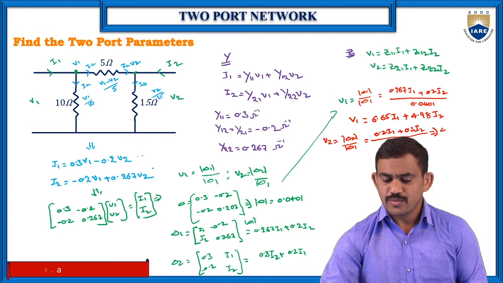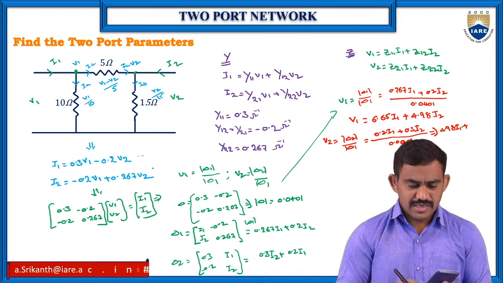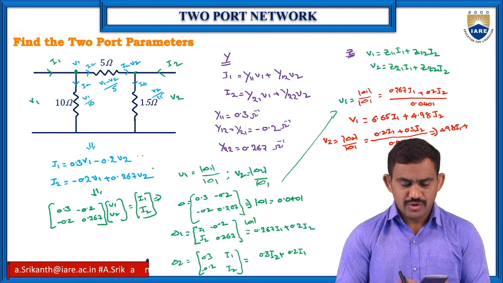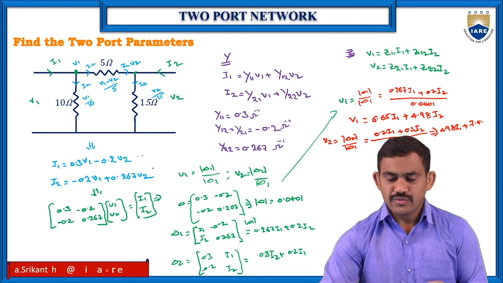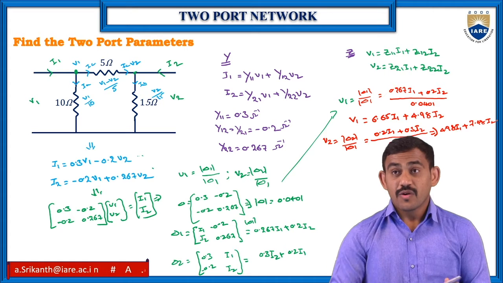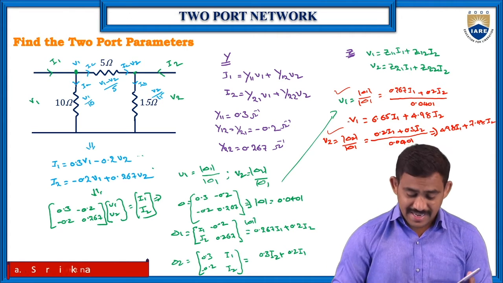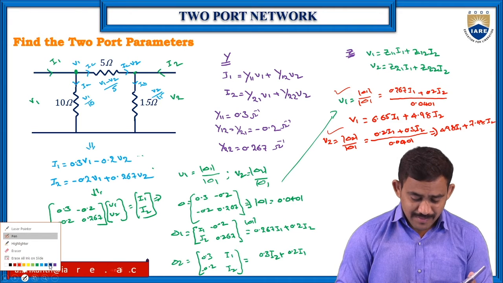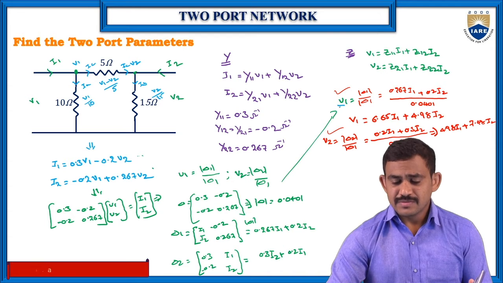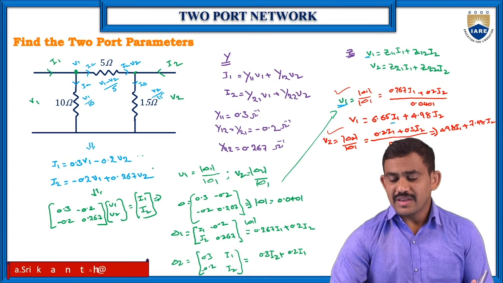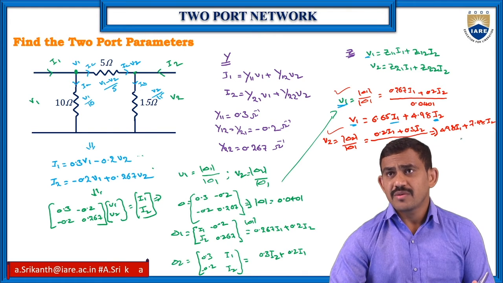That is 4.98 I1 plus 0.3 divided by 0.0401. The value is 7.48. Now your equation, V1 and V2 in form of I1 and I2, then we'll get the Z parameters values. It's very simple.